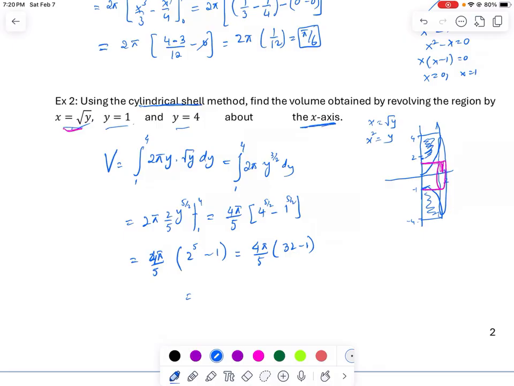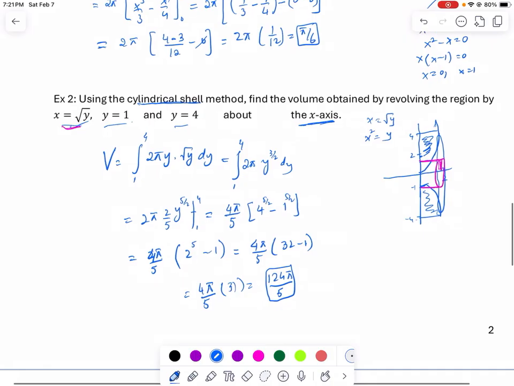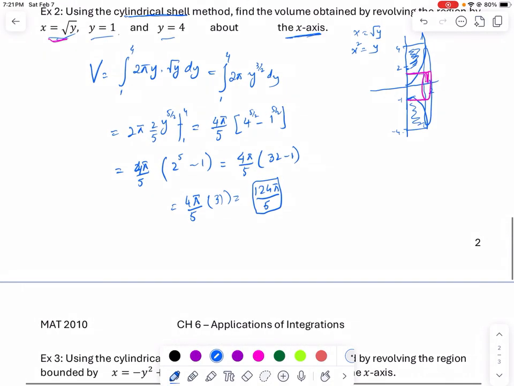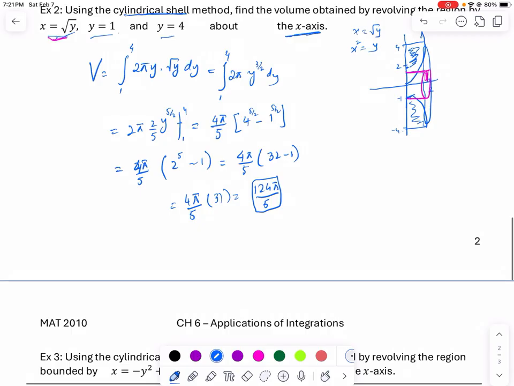So my final answer will be 4 over 5 pi times 31, which can be written as 124 pi over 5. That is the volume. Okay, I think I will stop here and do the rest in the next video.